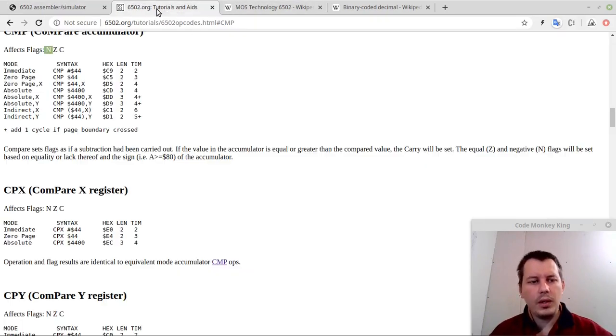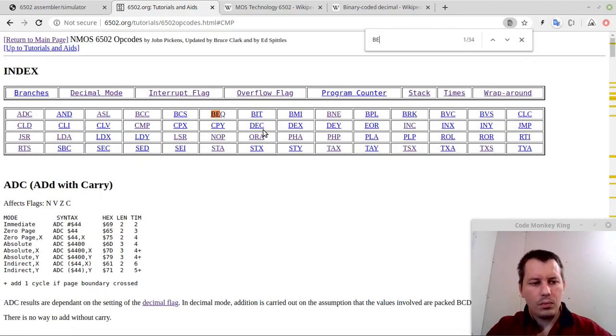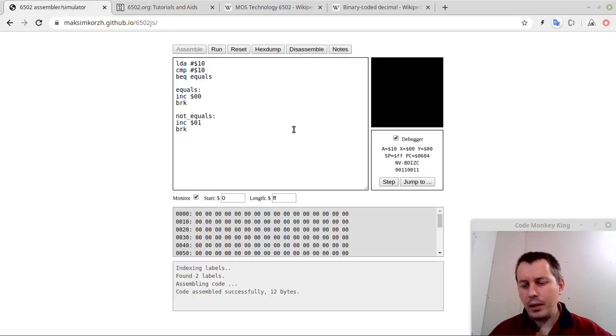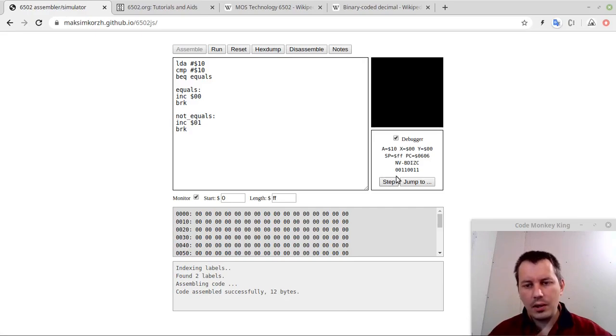The docs state something for branch on equal and branch on not equal, so it's probably relying on the zero flag underneath, but I can't say for sure, so I'm not going to state that.